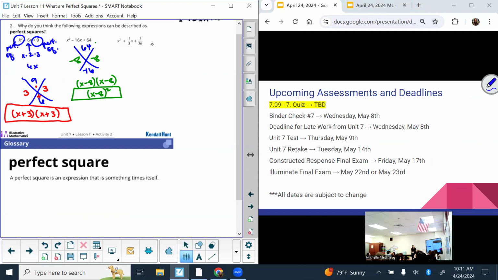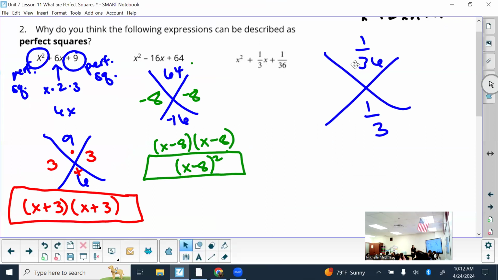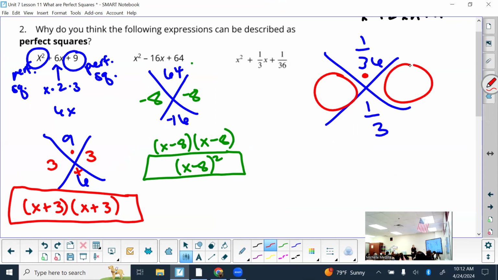So I'm gonna set up the diamond. It'd have to be 1/36 on the top, 1/3 on the bottom, and actually, let me maximize it for a second. Ignore the having to add to 1/3. Just think about if we're trying to see if this is a perfect square, I need the same number to go here and here.